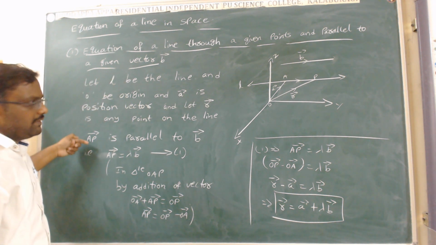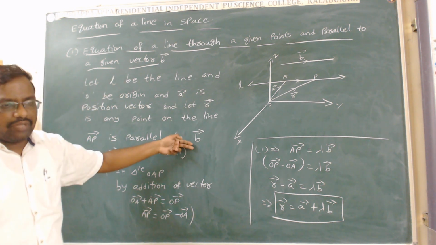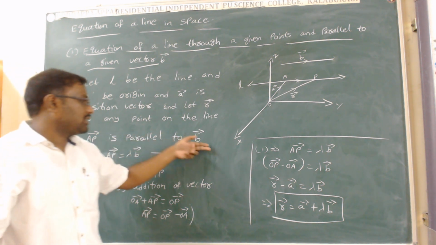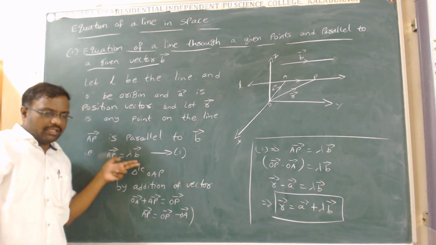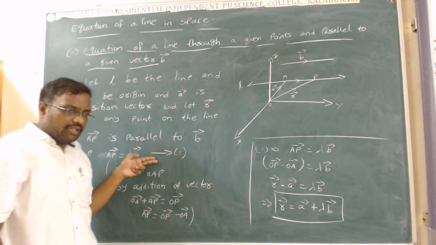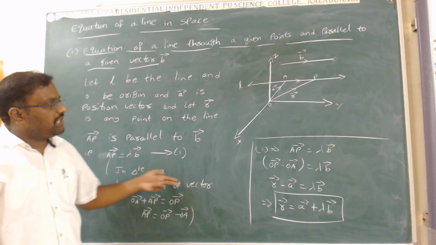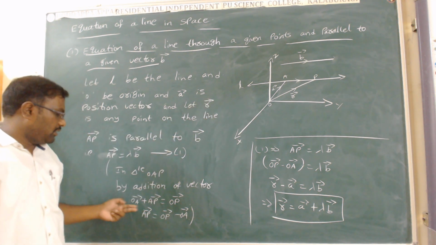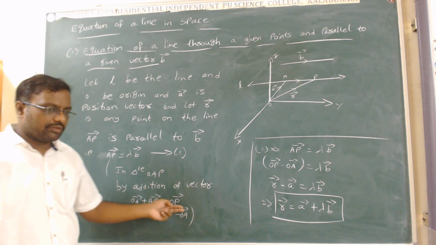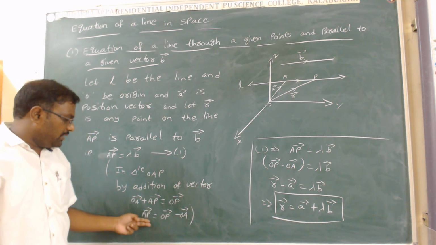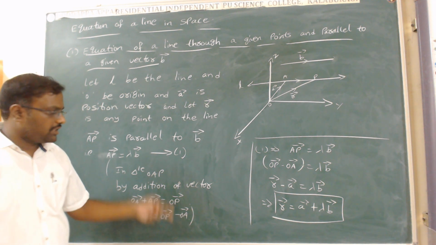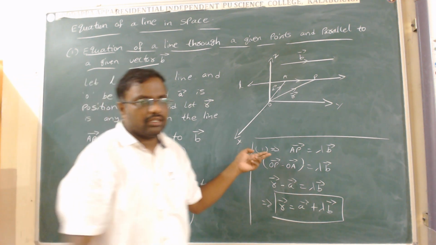Afterwards, what is given? AP is parallel to the vector B. When AP is parallel to vector B, the condition applied is vector AP equals lambda of vector B. In triangle OAP, by addition of vectors, OA plus AP is equal to OP vector. But AP is equal to OP minus OA. This condition you can use in equation 1.